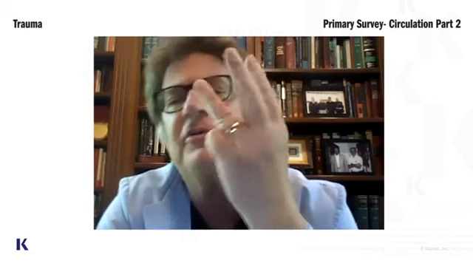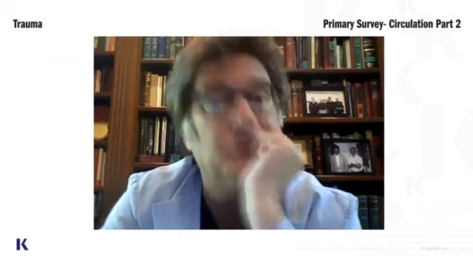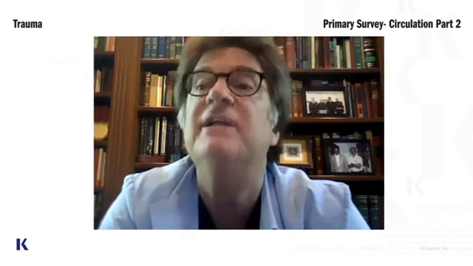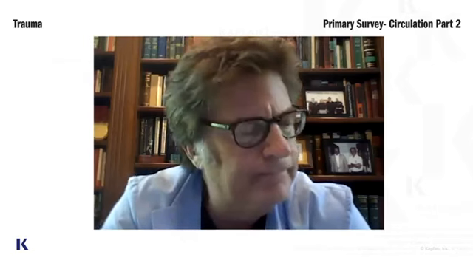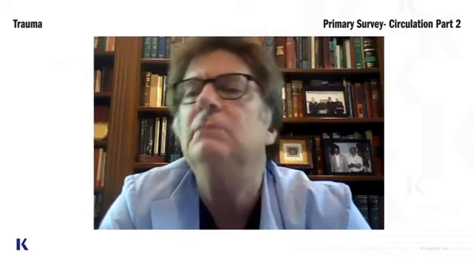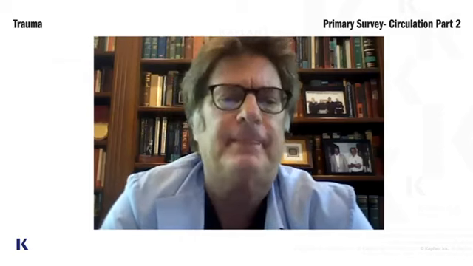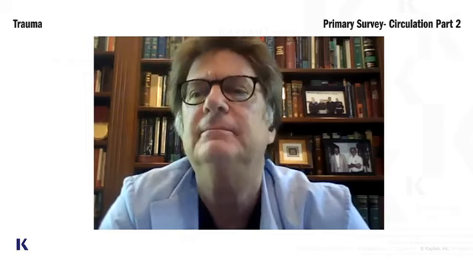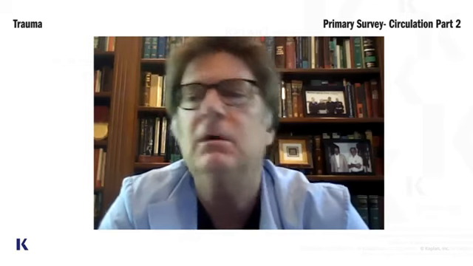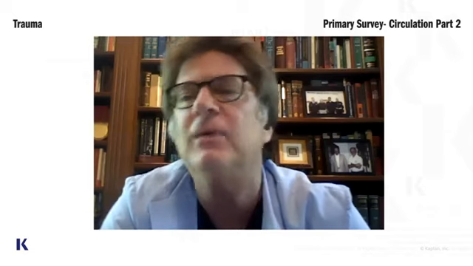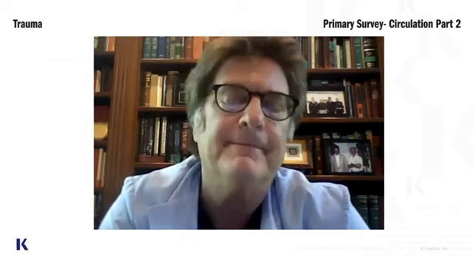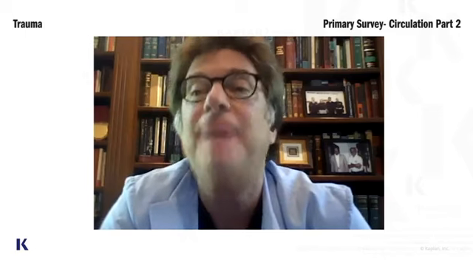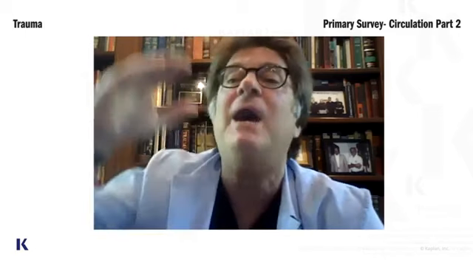Well, there's a third type of shock which you need to know about. Let me tell you the scenario. Someone gets penicillin when they're allergic to penicillin. Or someone gets stung by a whole bunch of bees. Or someone gets a spinal anesthetic and it goes too high in their spine.